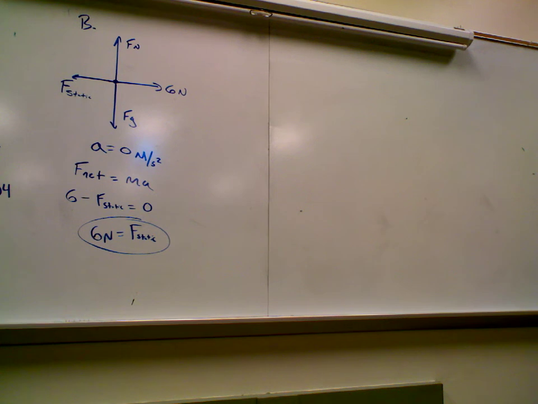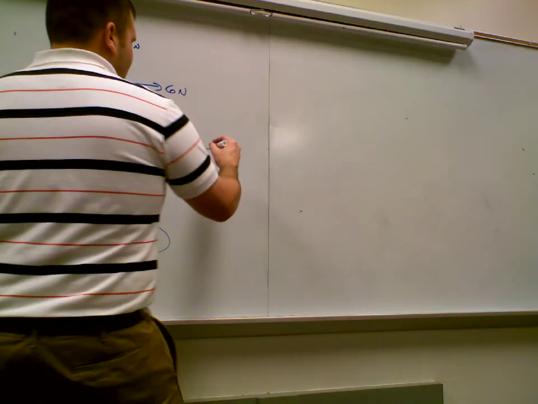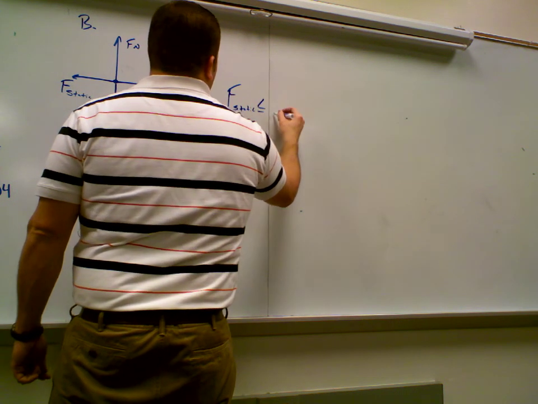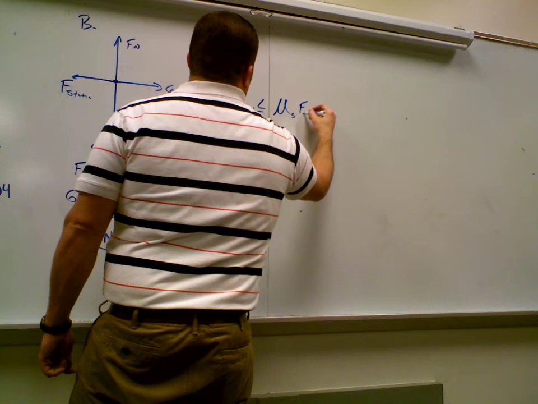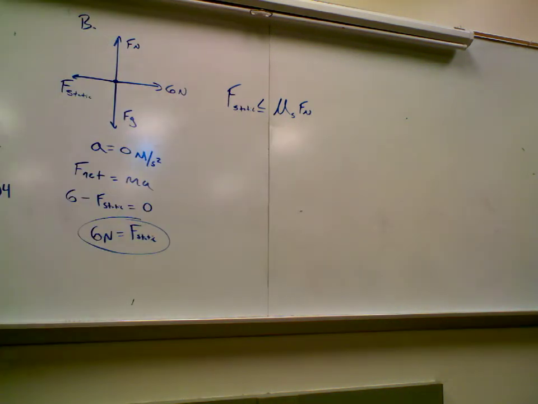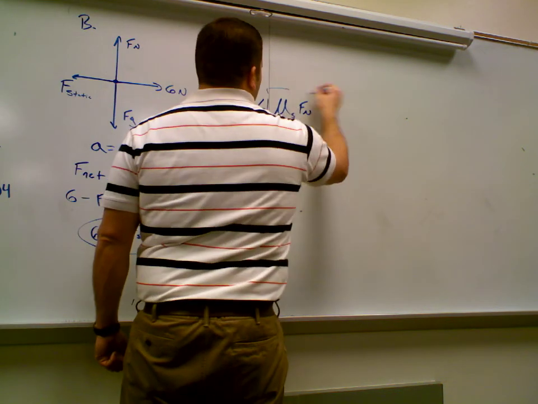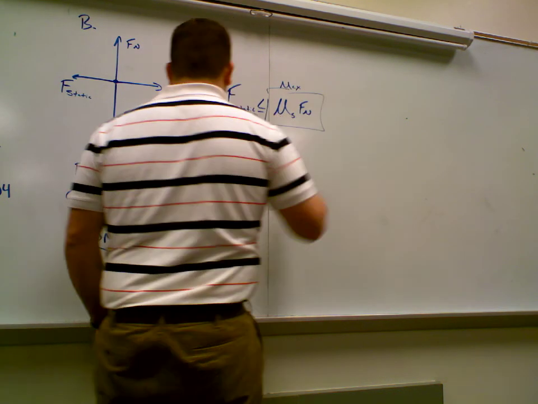Can I figure out the coefficient of static friction now? Our static friction equation is this. Can I figure out mu s? No, I can't, because this is the maximum value.